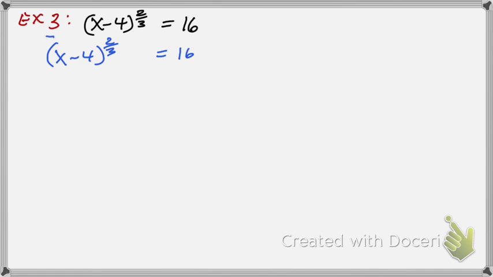So I'm going to put brackets around this and say raise this to the 3/2. Raise this to the 3/2. Well, my exponents cancel over here, which just leaves me x minus 4.